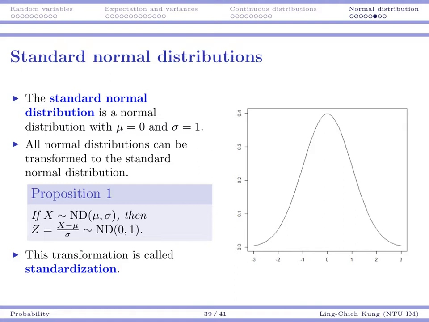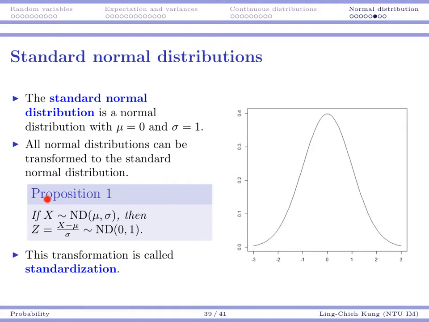The reason we want to have this standard normal distribution is because it helps us state an important theorem about normal distributions: all normal distributions can be transformed to the standard normal distribution. Or, said another way, all normal curves can be found to be equivalent to the standard normal distribution.